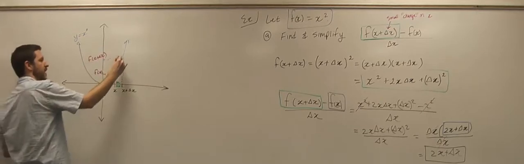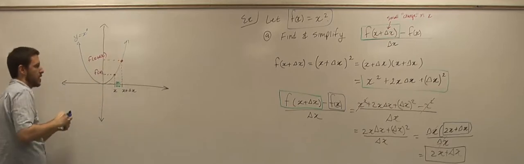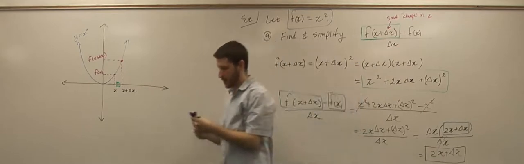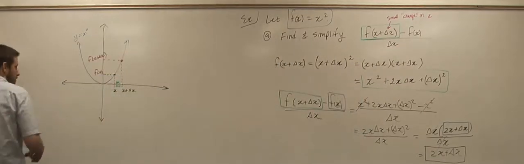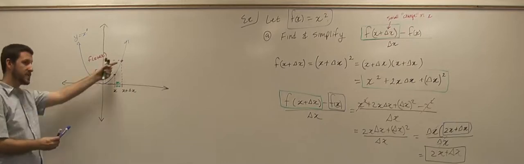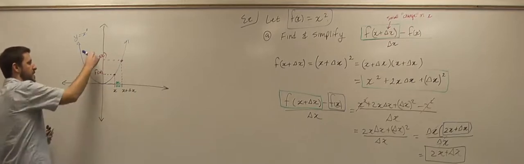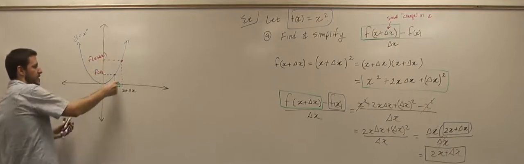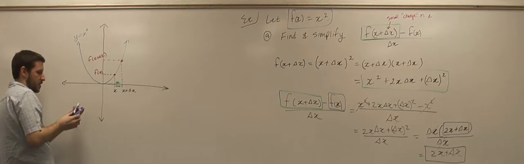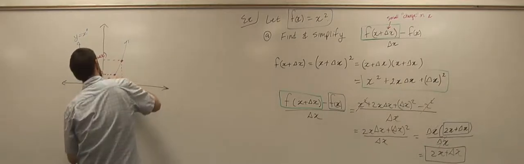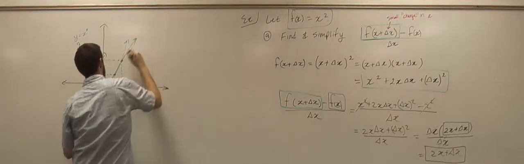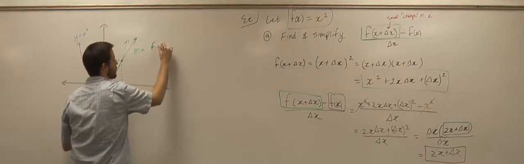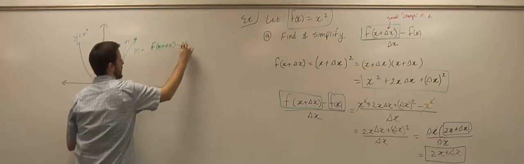So if you take those two x values and plug them into your function, and then you divide by delta x, what does it look like you're getting? The slope of the secant line. Because the difference in these two is your change in y. That's how much y changes. Delta x is how much x changes. So if you take this line here and you calculate the slope, it is the same thing as taking f of x plus delta x minus f of x.